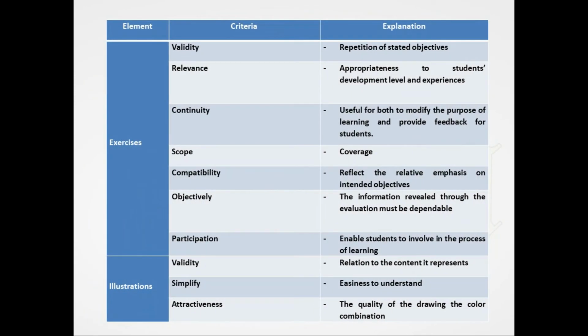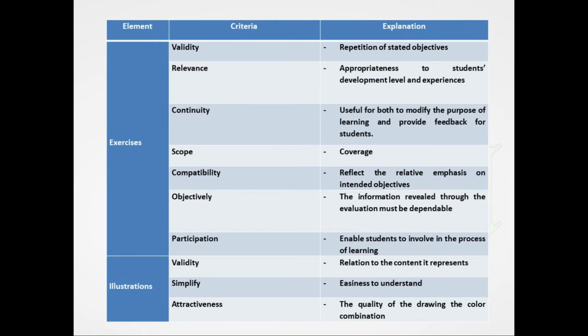Element, criteria, explanation. Exercises: validity, repetition of stated objectives; relevance, appropriateness to students' development level and experiences; continuity, useful both to modify the purpose of learning and provide feedback for students.